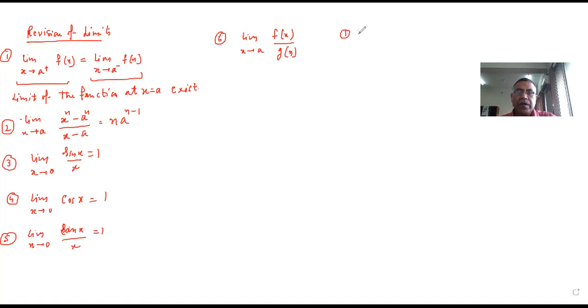Number 1, by simplification. Number 2, with the help of calculation with identities, with the help of rationalization, or by using trigonometric formulas.